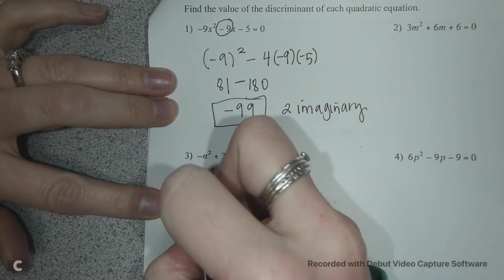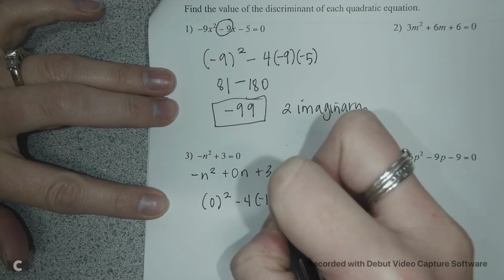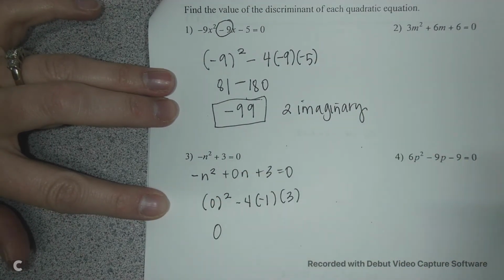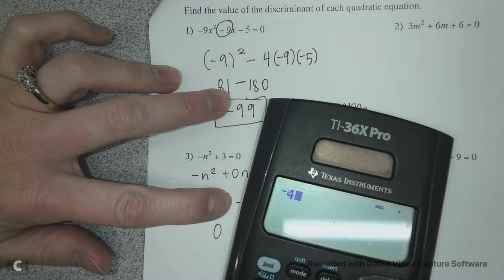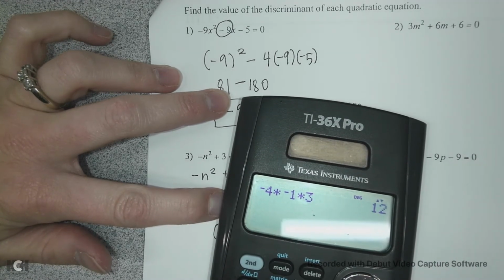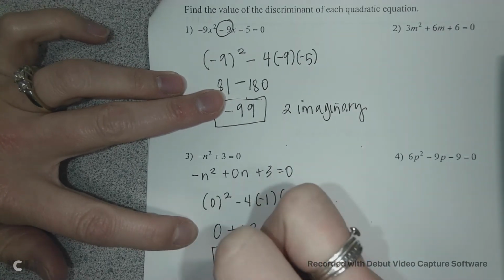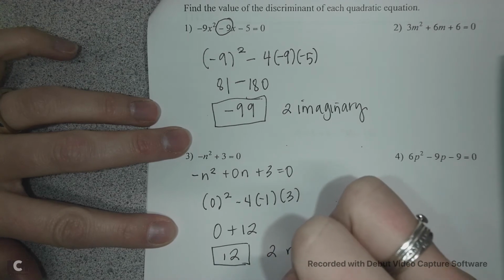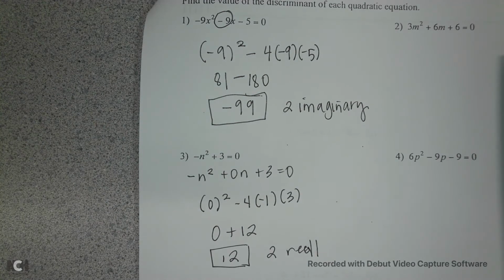So here we go. We've got b squared minus 4ac. So 0 squared is 0. And then in my calculator, I have negative 4 times negative 1 times 3. And that is positive 12. So my discriminant is 12. Since this number is greater than 0, I have 2 real solutions.